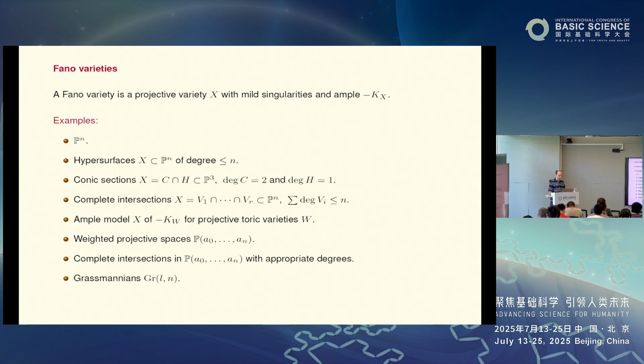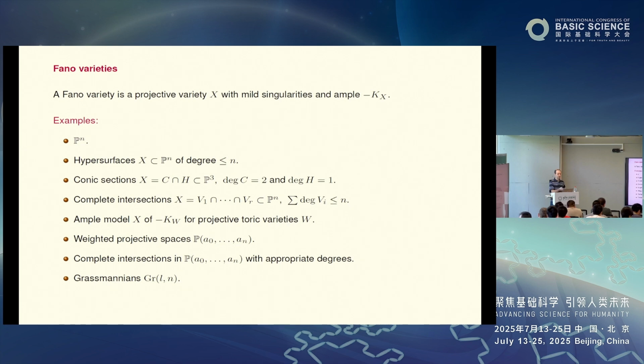Later on, I will give you some definitions, where the key property is that the anti-canonical divisor or bundle is positive or ample. Remember that the canonical bundle is defined by the top degree differential forms. So this is related to differential forms, and of course, not surprisingly, also related to differential geometry.